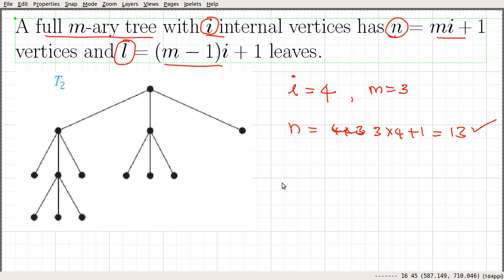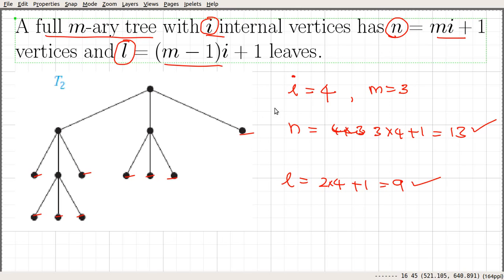So let's count the number of leaves. m is 3, so m minus 1 is 2. 2 times 4, where 4 is the number of internal vertices, plus 1. That's 8 plus 1, 9. Let's count the number of leaves: 1, 2, 3, 4, 5, 6, 7, 8, 9. So for this tree, which is a full 3-ary tree, this statement holds.